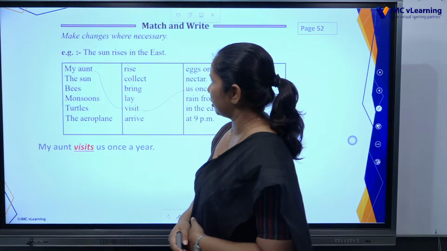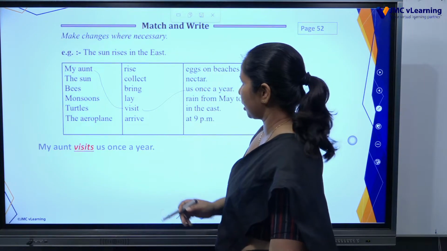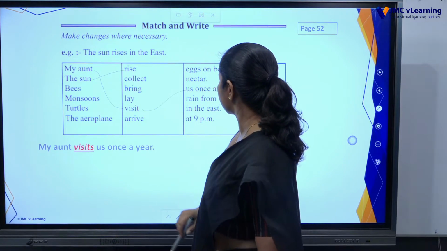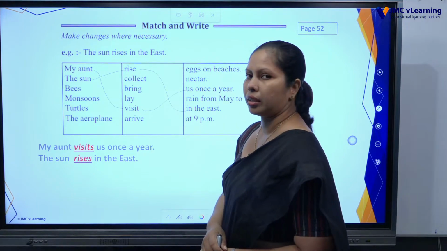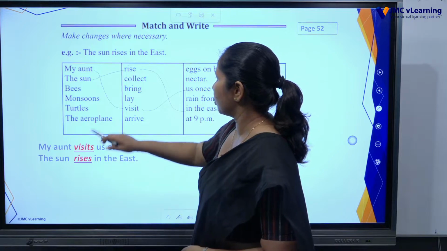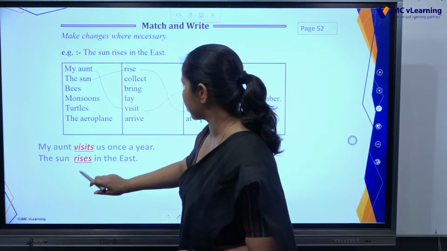The next one, the sun. We will match it to rise. Here also the sun is in the singular form, so rise should become rises.